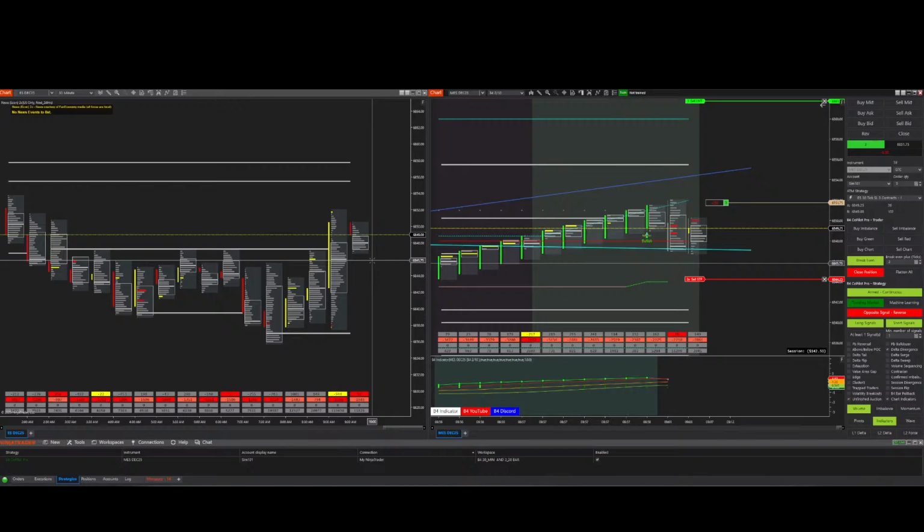Coming down. It's probably going to break it. If it breaks it, it may come down, slow down here. Let's see.